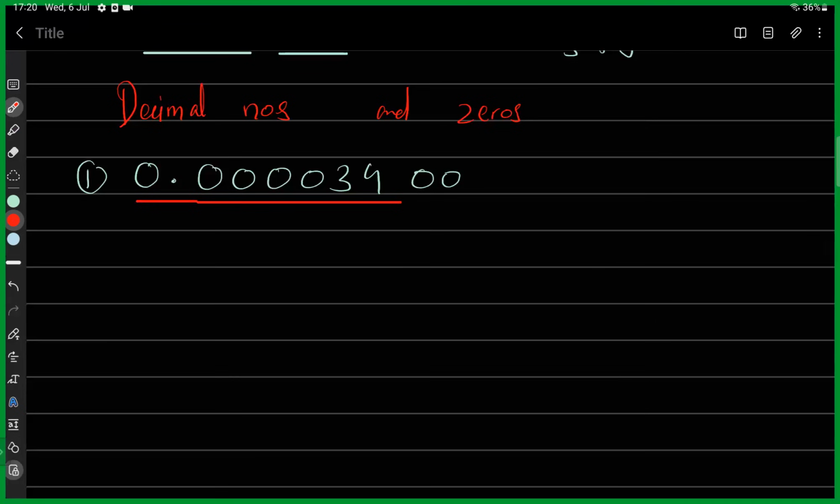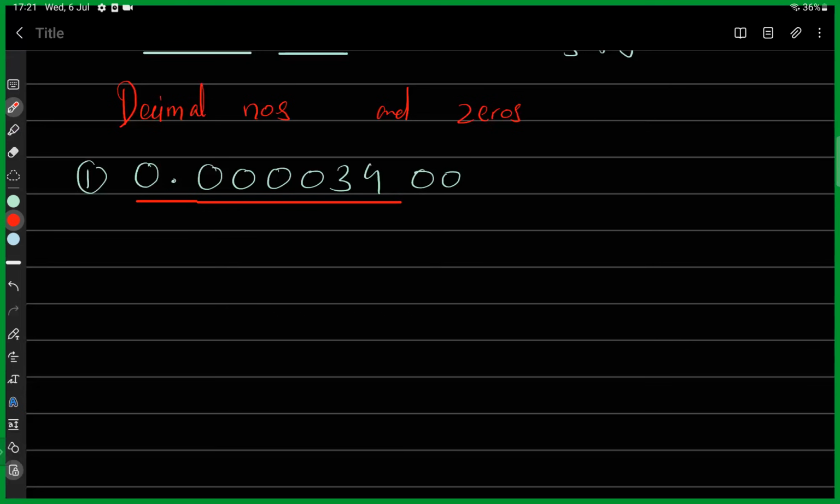This is what we have been discussing, that if we have a number, we will just count all the non-zero digits, and if we have a zero coming at the end, we would ignore that. But if we have a zero in between such that we have a non-zero number after that zero, that would also be considered as a significant figure. That is fine, but this is a third category. This is a bit different. How is it different?